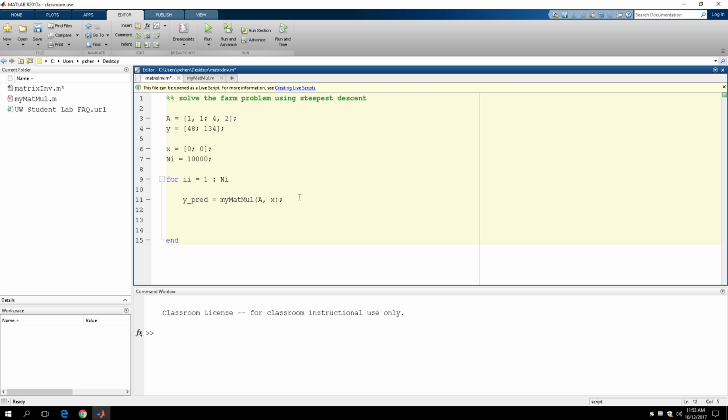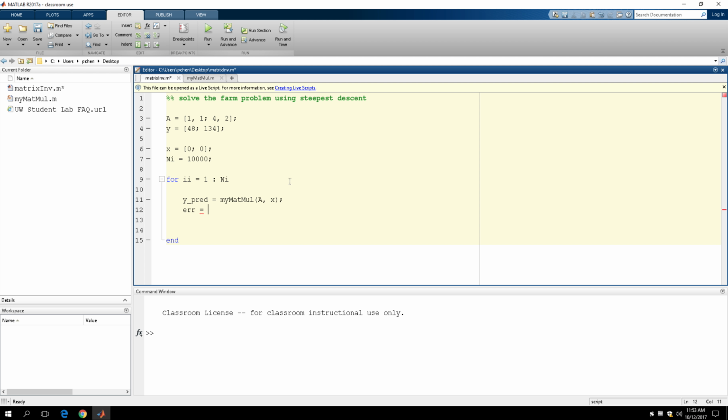So now we got the predicted y by using this assumed x, this wrong x basically. Now we need to come up with a vector that quantifies the difference between this predicted y and the actual y. That's called error, or ERR. Let's just use the shorthand ERR to save some typing.